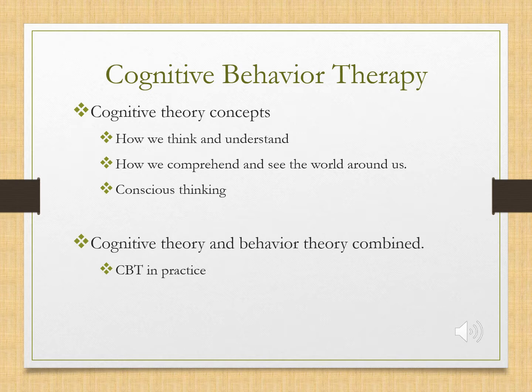Basically, cognitive theory discusses the way we think and how that influences our decisions and behaviors. One intervention which combines cognitive theory and behavior theory is CBT, cognitive behavioral theory.